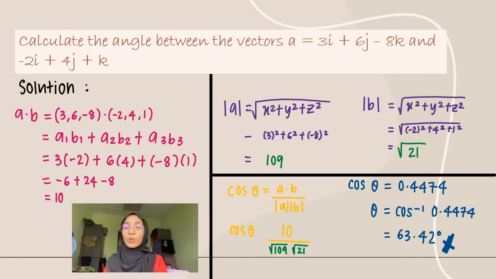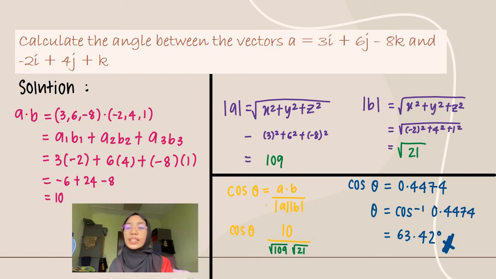For an example, the question is, calculate the angle between the vector A equal 3i plus 6j minus 8k and B is minus 2i plus 4j plus k. The solution is A dot B equal open bracket 3, 6, minus 8 close bracket, open bracket minus 2, 4, 1 close bracket.